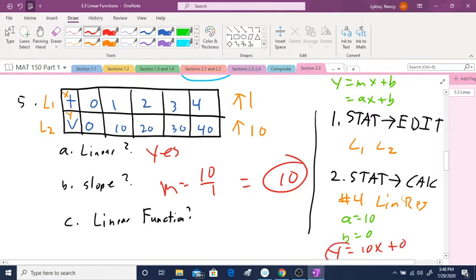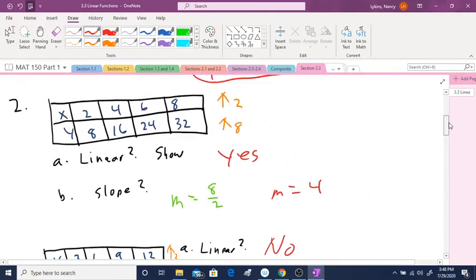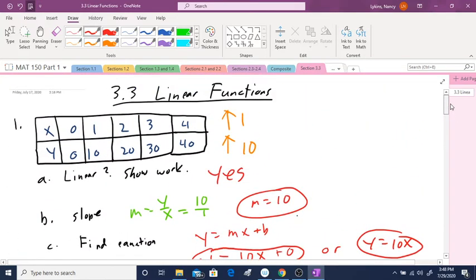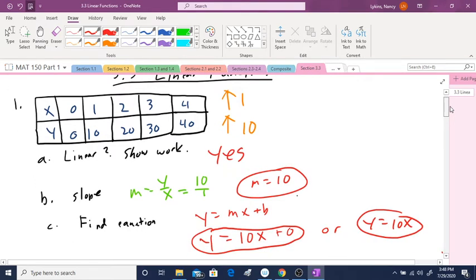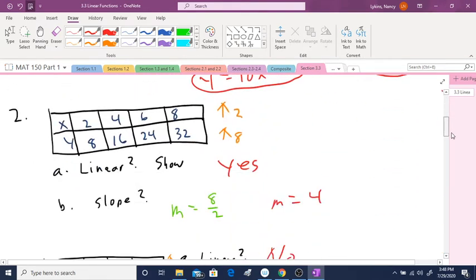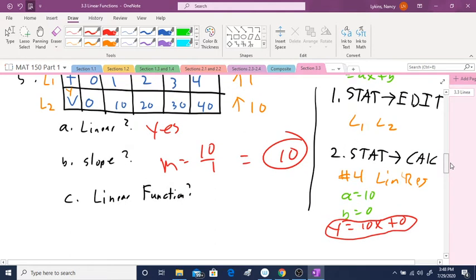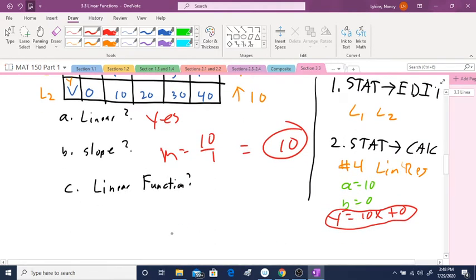You don't need it, but I'm going to put it in there. And that's your equation. If you go all the way back up at the top, take a look at our first one. That's the exact same thing we did by hand, except now we can do it on the calculator. Remember, you can pause this, go back as many times as you want. So the linear function is this right here.